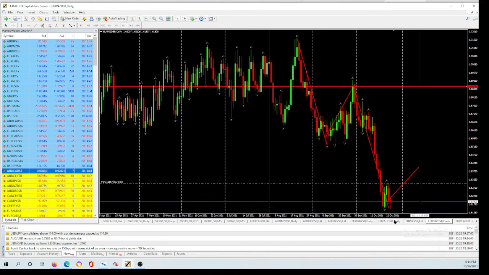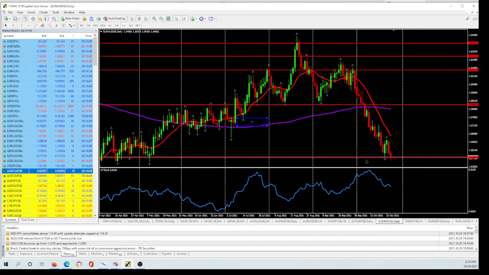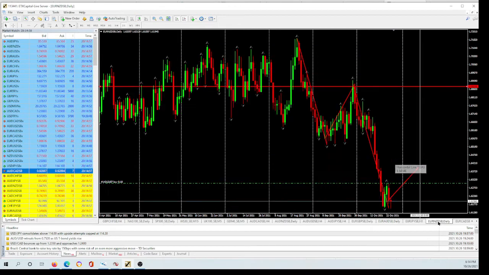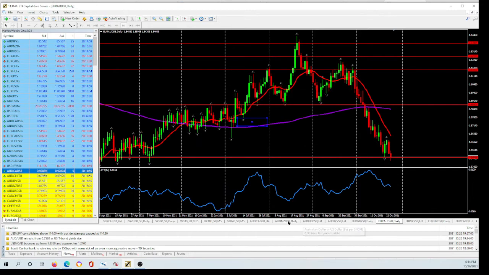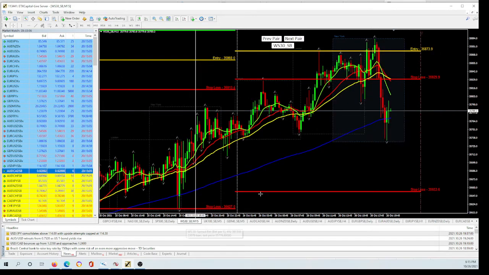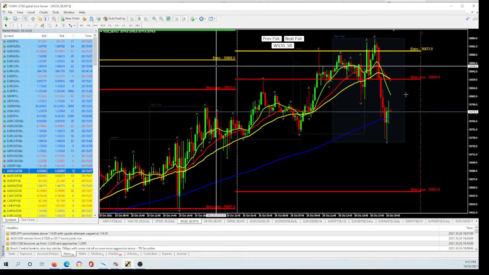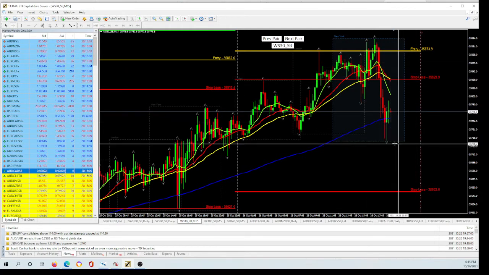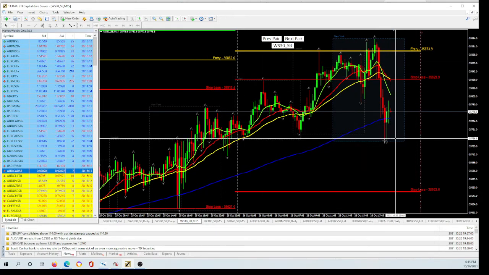So on this Euro New Zealand that you're watching here, this might be a good time to be preparing to take a buy reversal both on the Euro New Zealand and then the Euro or Z. When you come on the US 30, the same trade I took, okay, I took this trade because of this key area here.